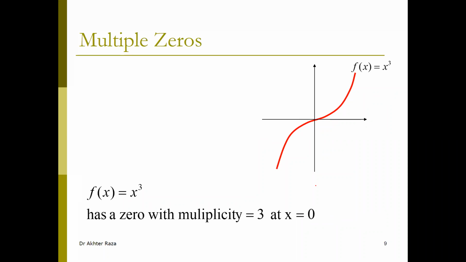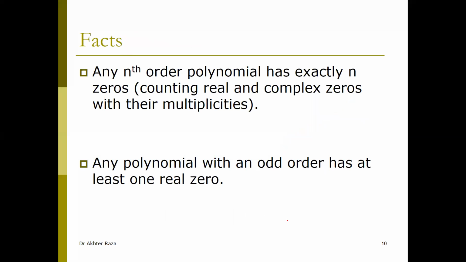It has 3 zeros. If you observe the graph of x cubed, it passes through the origin, and you can see that this cubic function has 3 zeros at x is equal to 0.